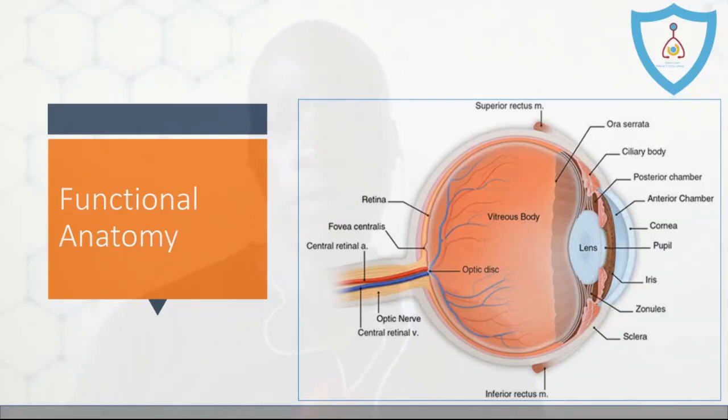And we have the eyeball, but we also have the blood supply to the eye, venous drainage, lymphatic drainage. We also have the optic nerve that leaves from the eye going to the brain, where this sense of vision is going to be interpreted. And the region of the brain here, we are talking about the occipital lobe.